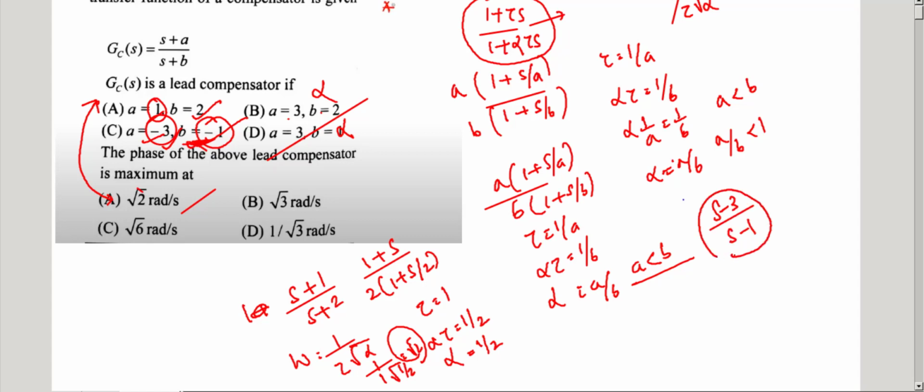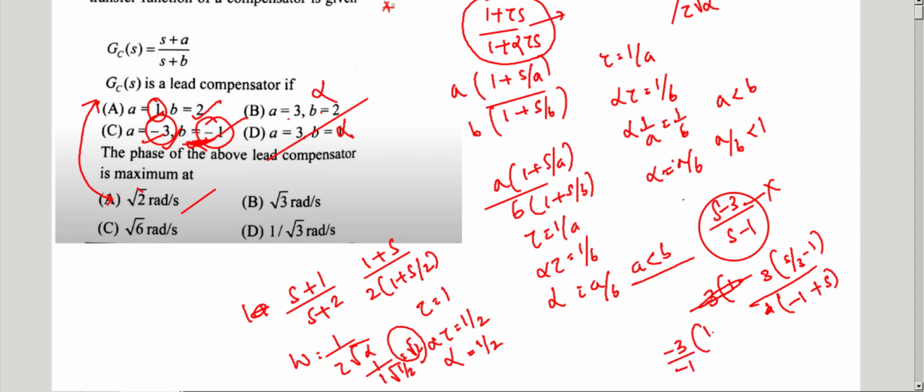It is not in the standard transfer function model and you can neglect this, but let us try it. Taking minus 3 common in the numerator and minus 1 common in the denominator, we get tau is minus 1 by 3, alpha tau is minus 1, alpha equal to 3. Then 1 by time constant root alpha, 1 by 3 root 3 minus 1, does not satisfy.